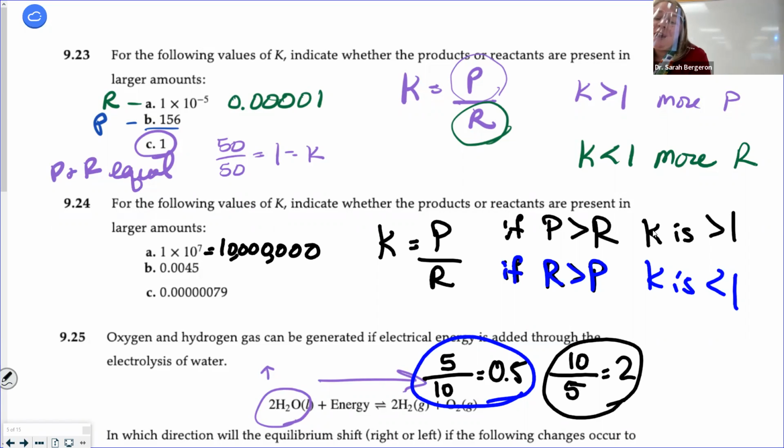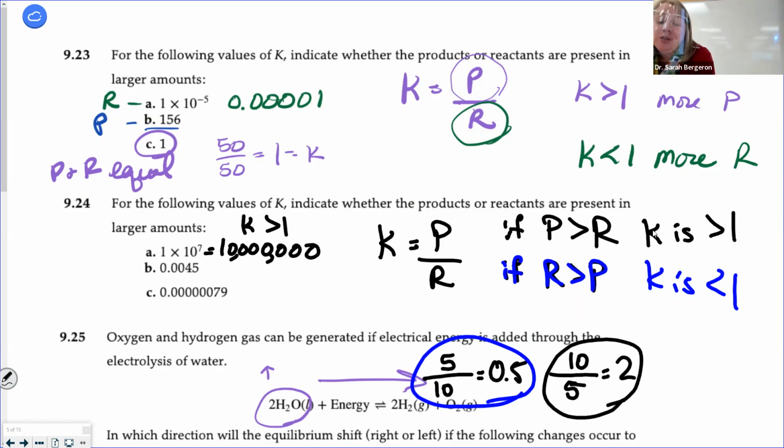So that's 10 million. Is that greater than or less than 1? K is greater than 1. So if K is greater than 1, what do I know about my ratio of products to reactants? I have more what?